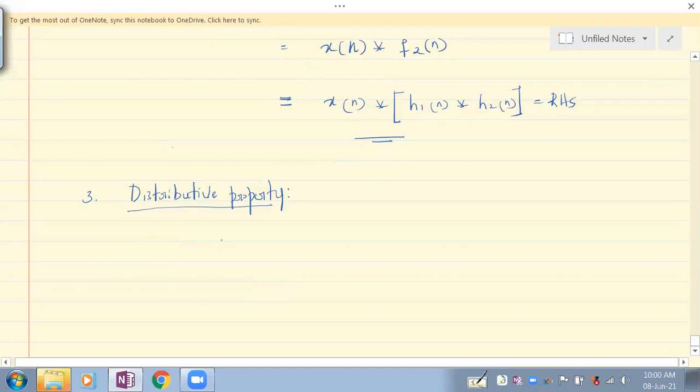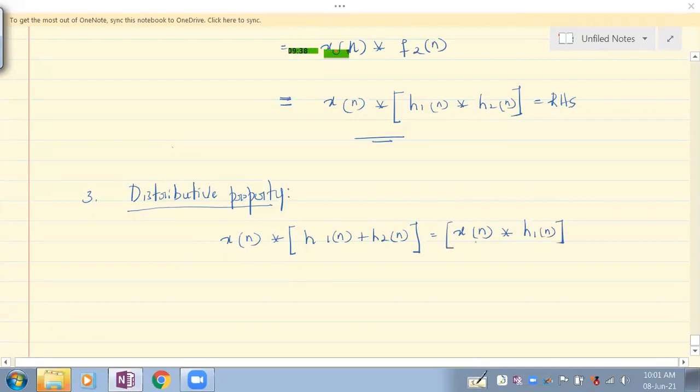What is this? If you have x of n, which is being convolved with the sum of two signals, h1 of n plus h2 of n, then it can be written as x of n convolution h1 of n plus x of n convolution h2 of n.